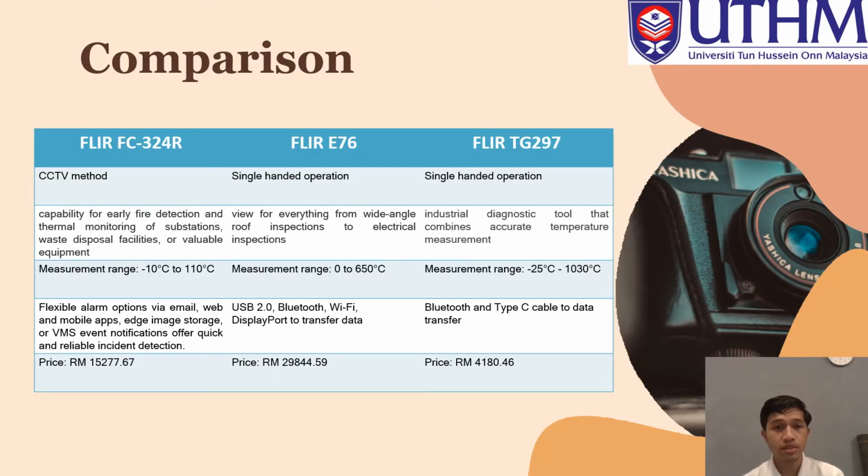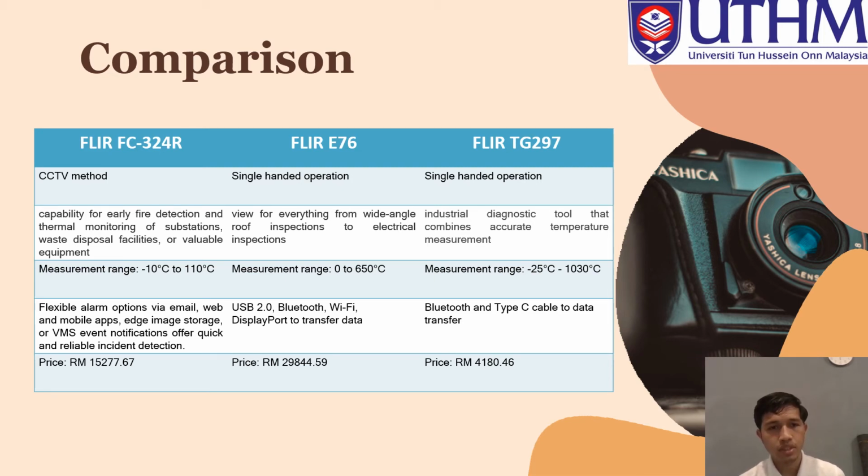And for the comparison, from the table, we can see FLIR is my benchmark for the thermal camera because FLIR is famous for their thermal cameras. First is FLIR FC324R, second FLIR E76, and third FLIR TG297.